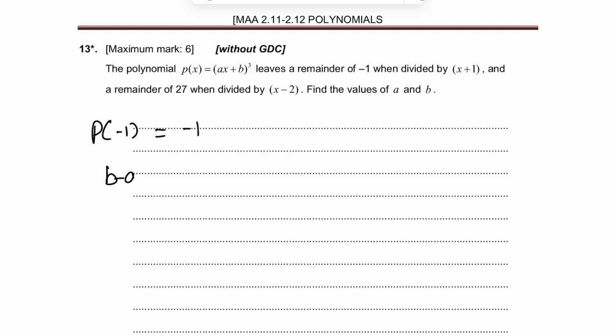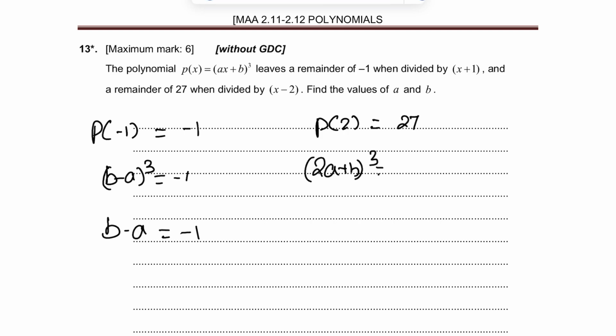So b minus a whole cubed equals negative 1. So b minus a equals negative 1. Then a remainder of 27 when divided by x minus 2. So p of 2 equals 27. So 2a plus b whole cubed equals 27. So 2a plus b equals 3.